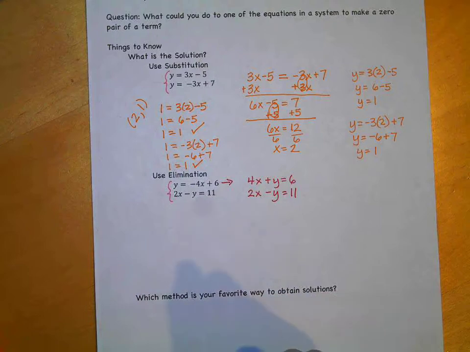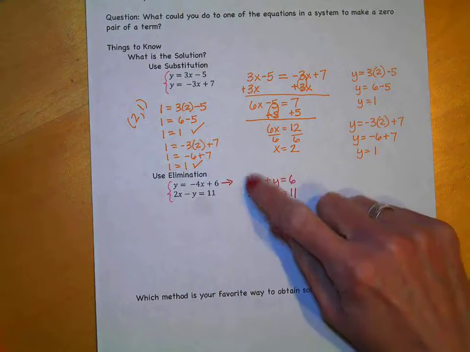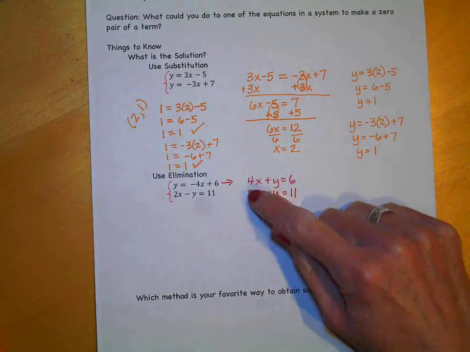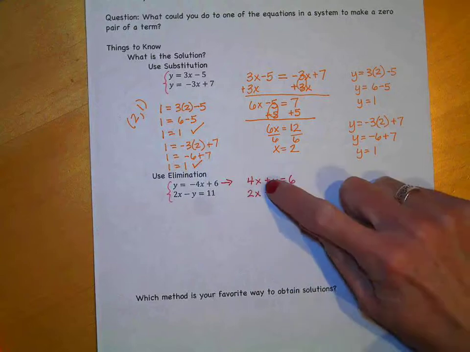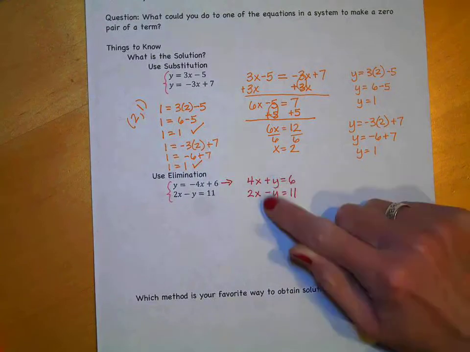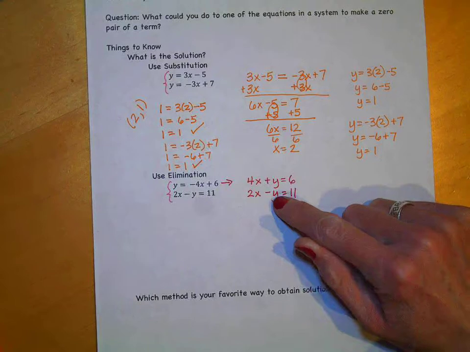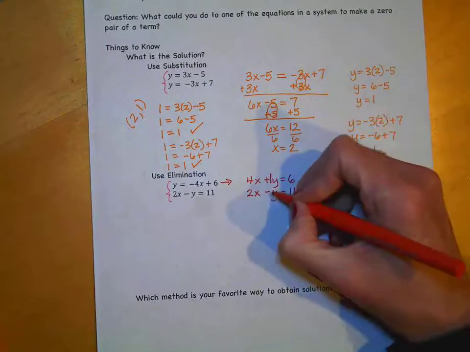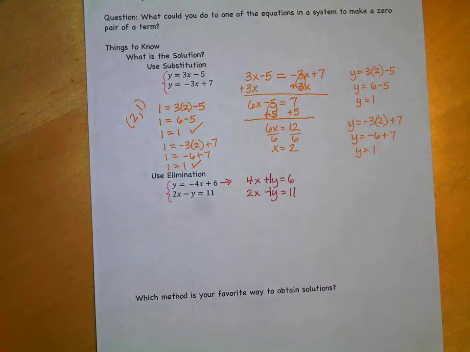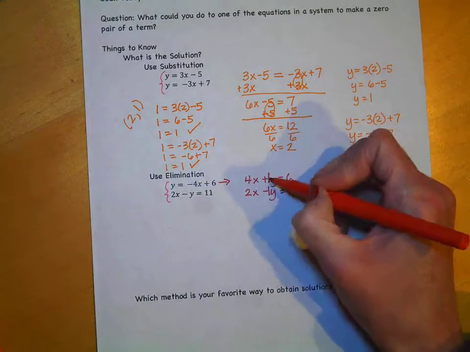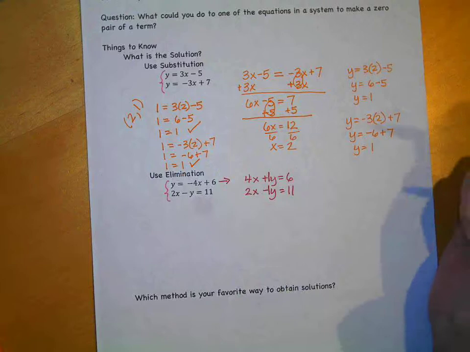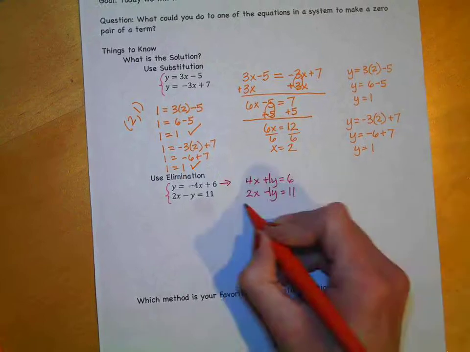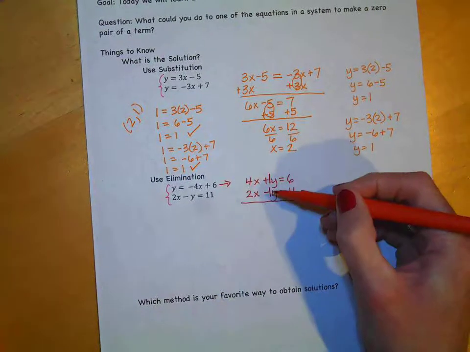And we just happen to hit the jackpot on this one because these two are not opposites of each other, we know that. However, this says positive y, and this says negative y. If we were to put a coefficient in there, that would be positive 1y, and this one would be negative 1y. Well, the opposite of positive 1 is negative 1. So as you can see right there, we are golden.